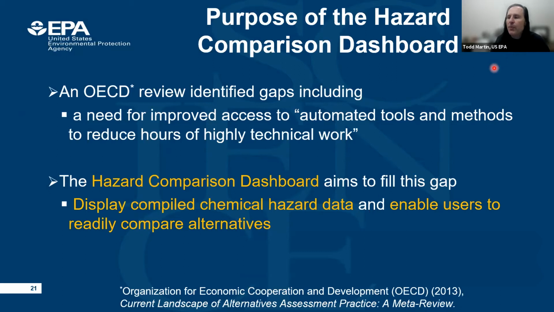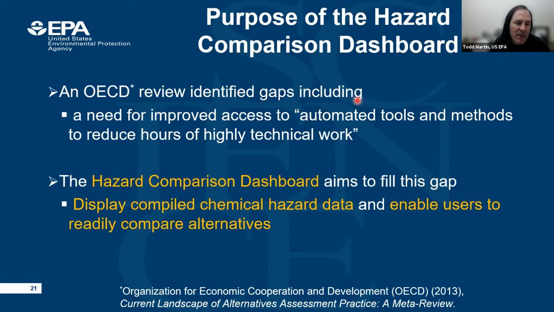The purpose of the hazard comparison dashboard was that an OECD review identified gaps when trying to compare chemicals in terms of hazard, in that it's really hard to gather all the different data you need to compare chemicals over many different hazards.